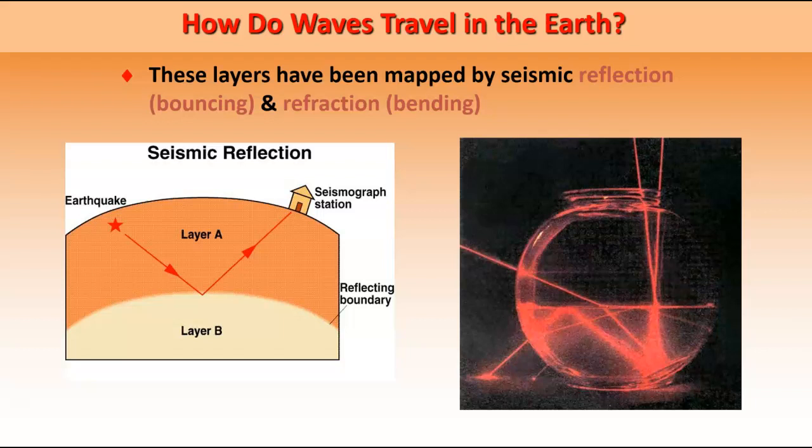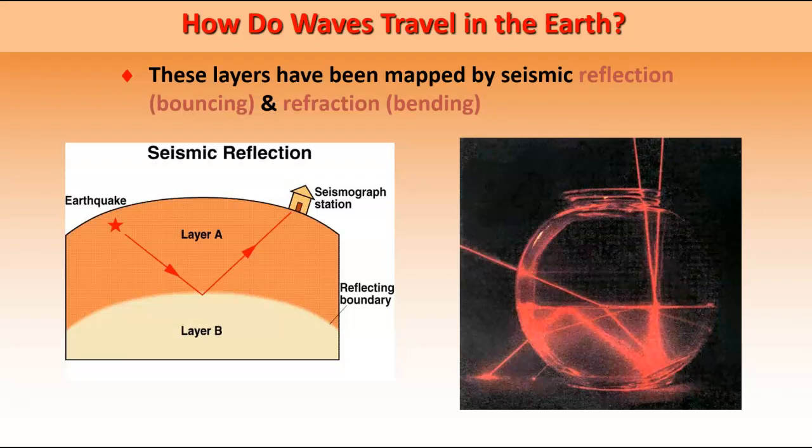People that are way smarter than me, this is what they do with their career, evaluate all these waves. The fact that a wave can bounce off a layer because there's a compositional change, because properties of the material have changed, allows some of the wave energy to bounce off and be recorded, and then we can figure out how deep that boundary is.